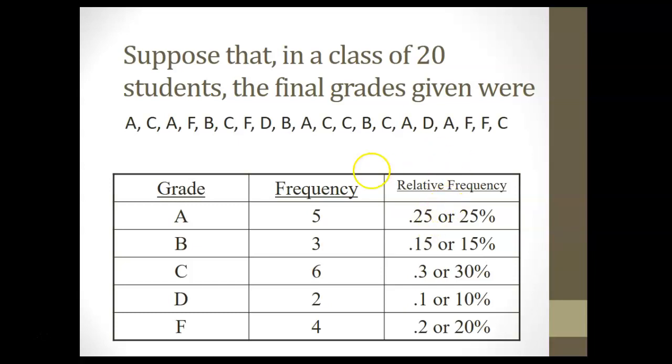If you'd rather write it in percent form, you just move the decimal point 2 places over to the right and say that's 25%. So 3 divided by 20 is 0.15, which is 15%. 6 divided by 20 is 0.3, which is not 3%, but 30%, because you got to move the decimal point 2 places. 10% of the grades were D's and 20% of the grades were F's.